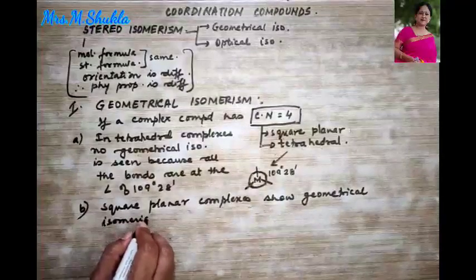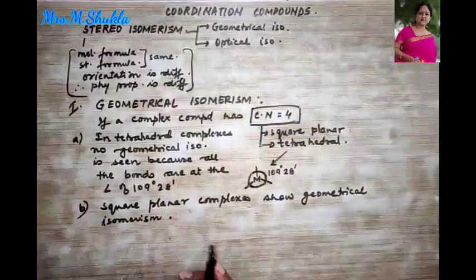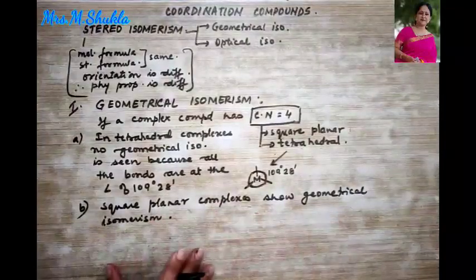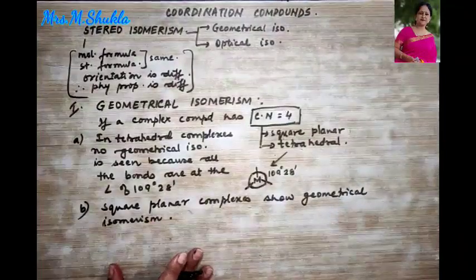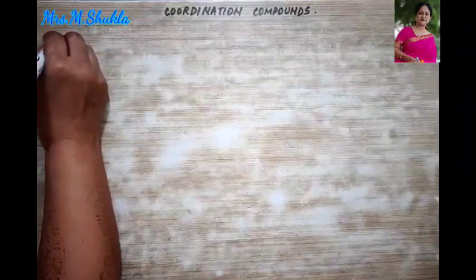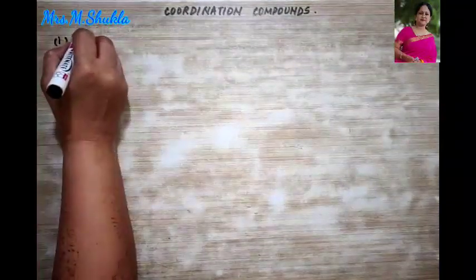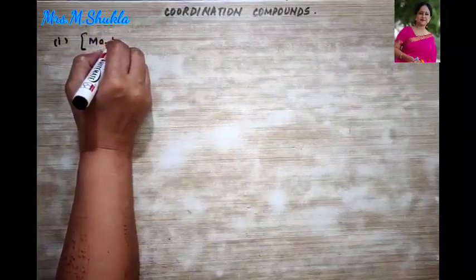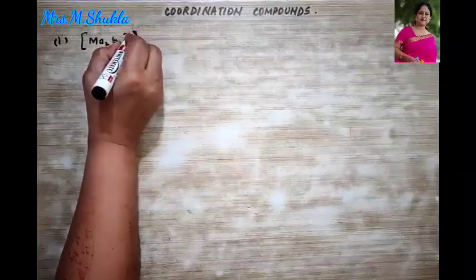So here I'm going to show you some of the square planar complexes. How do they exhibit geometrical isomerism? Let us begin with the first one, that is M(A2)B2.